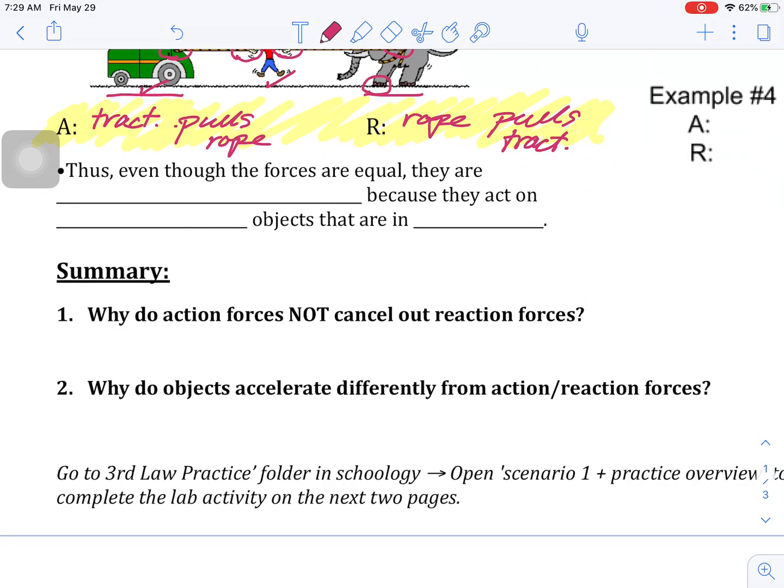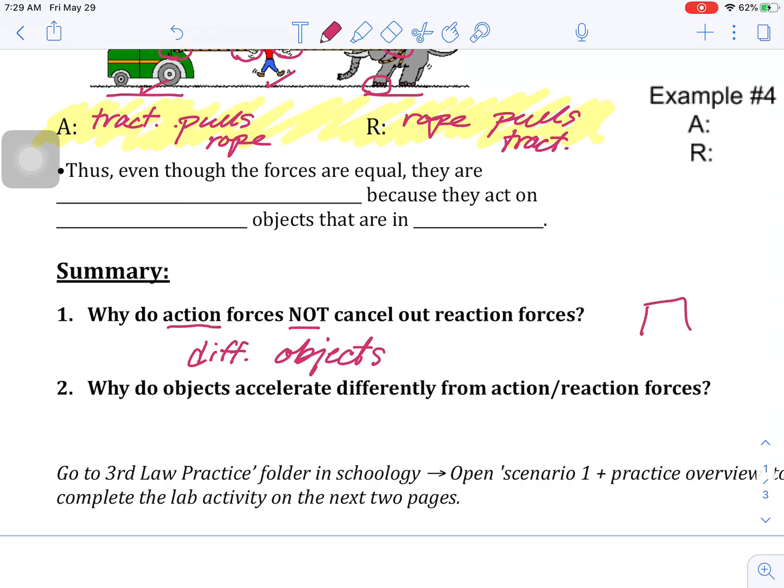So we talk about these action and reaction forces not canceling each other out, because they're happening to different objects. And I'm just abbreviating here. Hopefully you have a little more detail, right? They don't cancel out because they happen to different objects.